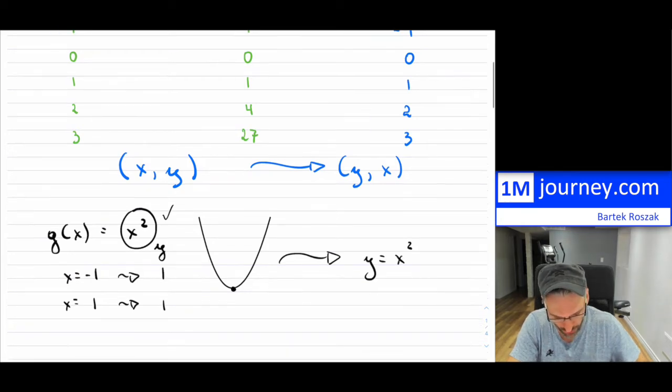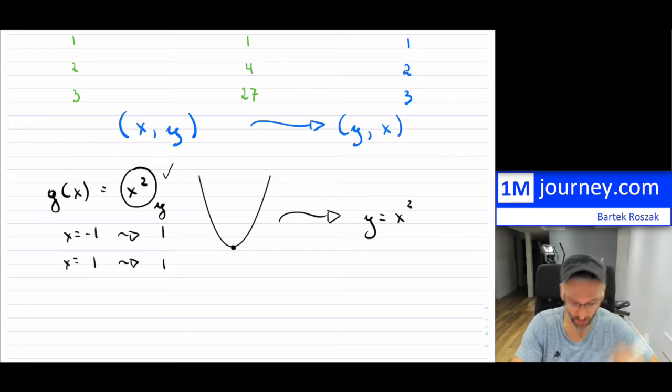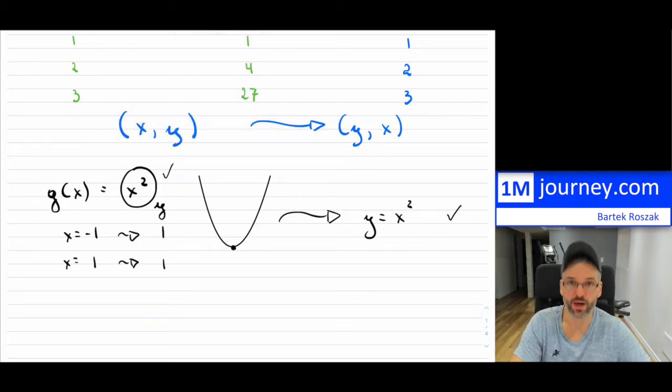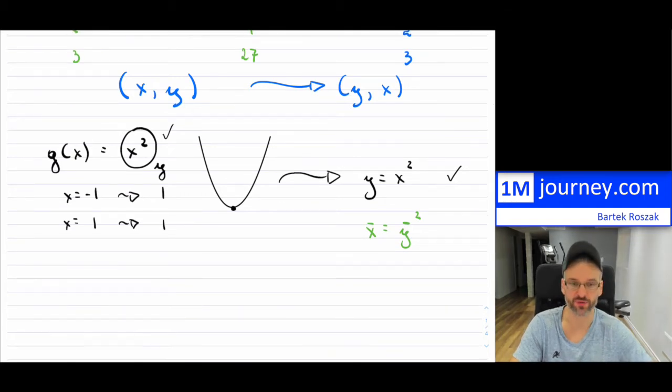In order to find the inverse when a function is given like this, what we do is we swap the x and y, and then we isolate for the new y. So I'm going to swap x and y. I'm going to put x bar equals y bar squared, just so that we know that we're talking about the inverse here.